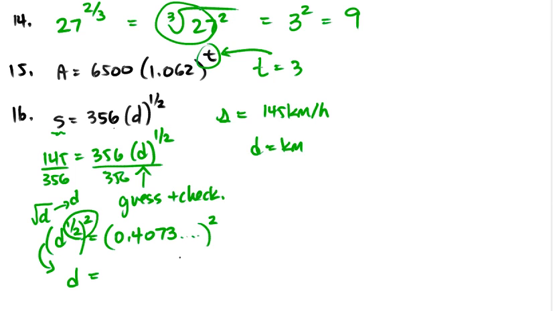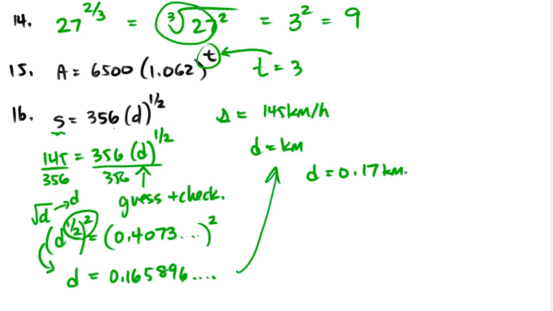So if you have all those decimal places on your calculator and you square it, you'll get a depth of about 0.165896 and a bunch of decimal places. You probably round that to about 0.17 kilometers.